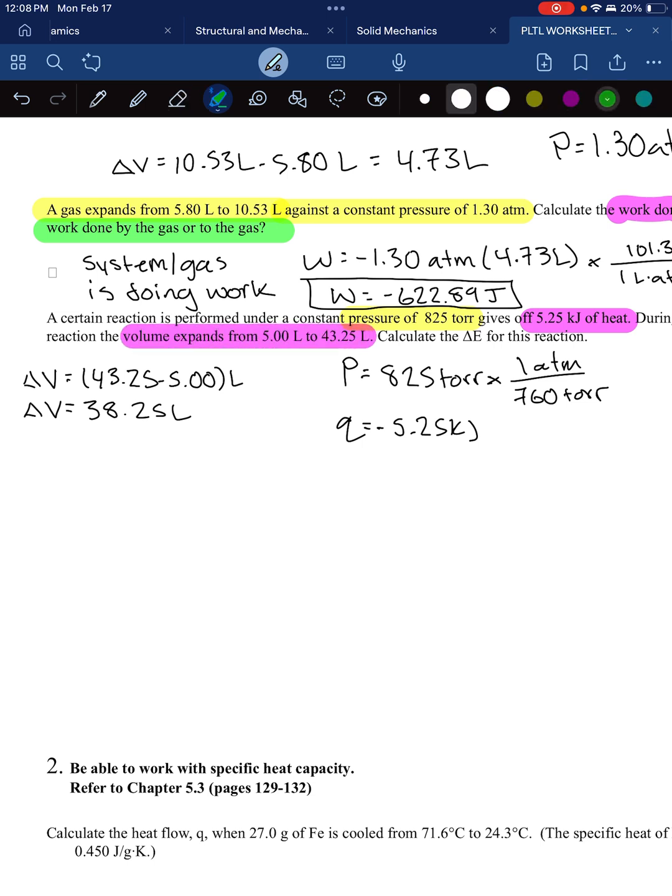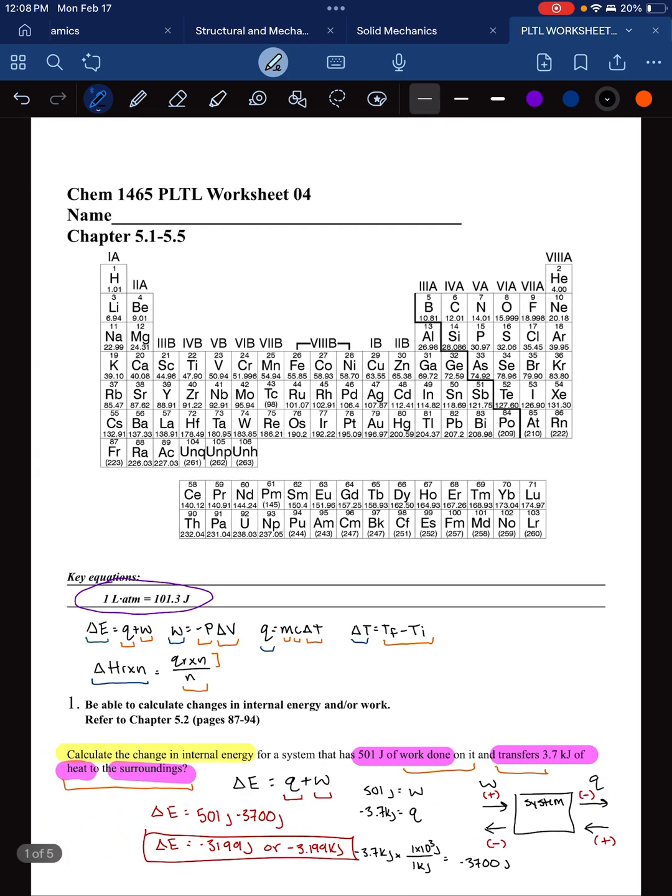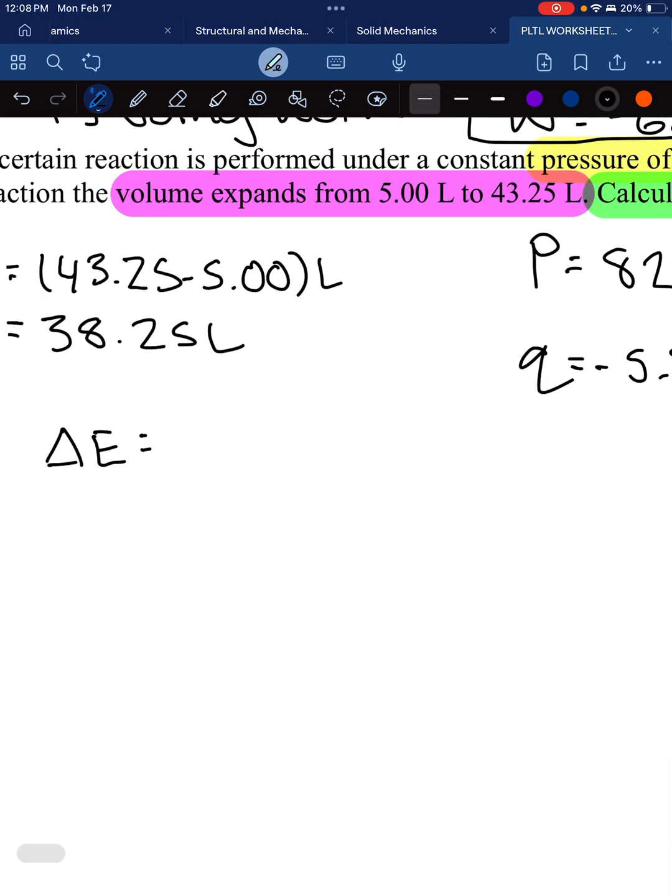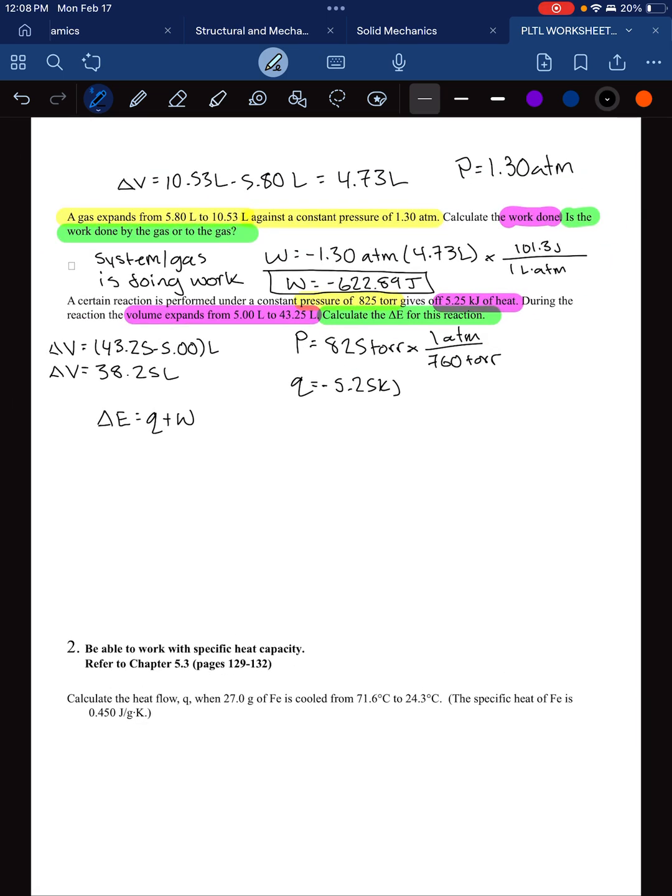Okay, and now we want to calculate the change in internal energy for the reaction. So let's see what we got. Change in internal energy we know is Q plus W. And we're given Q, but we're not given W this time.